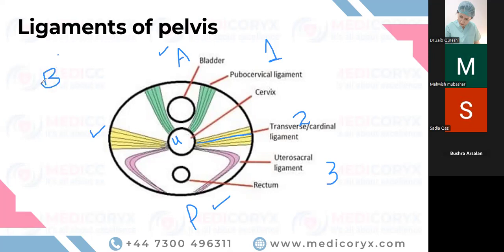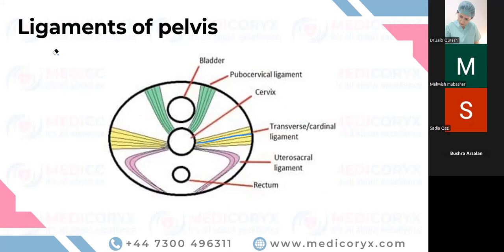The broad ligament is actually not providing major support to the uterus. Major support is coming from these three. Okay, and this one is the most important one. This cardinal ligament is most important in providing support to the uterus and the cervix. Okay, so you can't say that one is the uterine ligament or two or three.